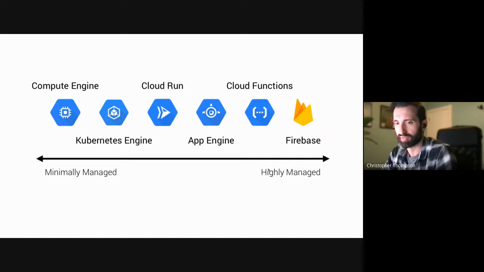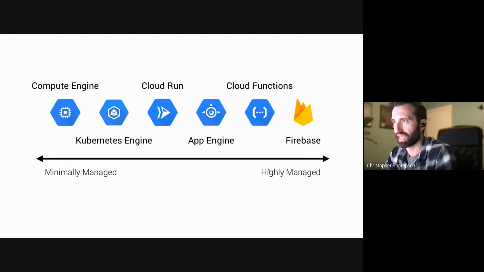It runs on top of something called Knative, which is kind of this managed Kubernetes, and so you are able to take advantage of many of the benefits of Kubernetes without as much configuration as Kubernetes takes, right?